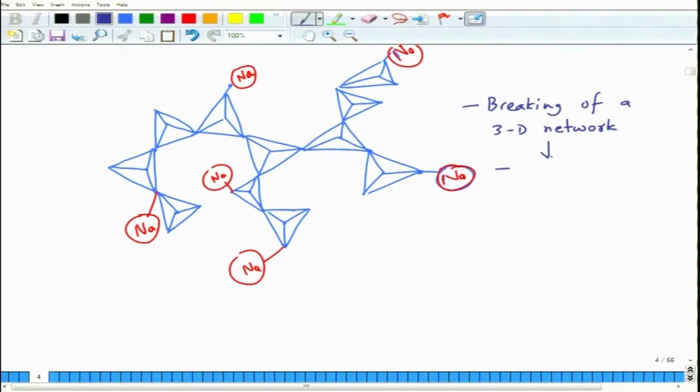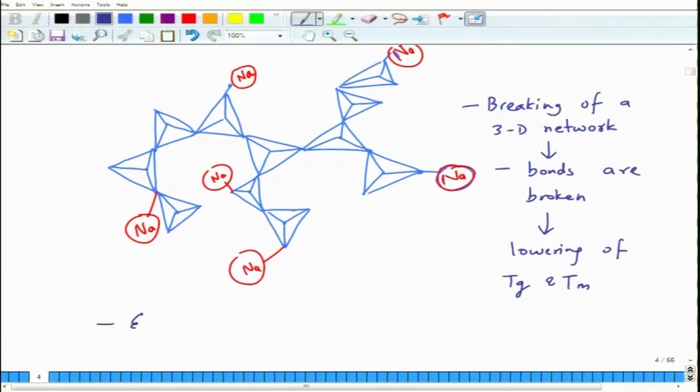So basically, the bonds are broken, and this results in lowering of Tg and Tm. They introduce weaker bonds in the network.